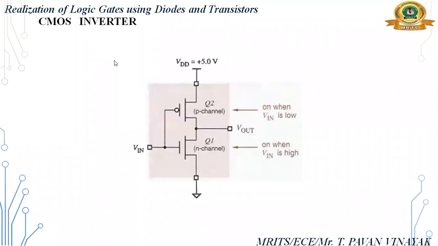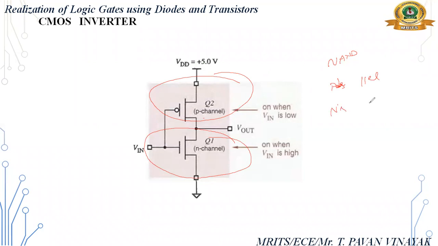Next, to design NAND and NOR gates, we have two configurations. We have P channel as well as N channel. To design a NAND gate, P transistors are in parallel, N transistors are in series. For NOR, P channels are in series, N channels are in parallel.